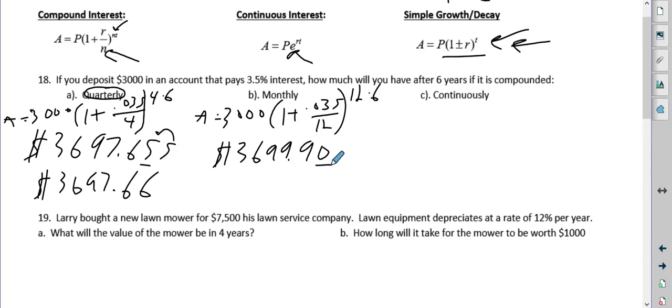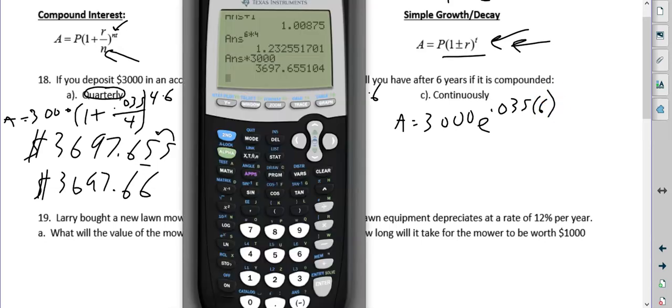Now, continuously, slightly different. Still going to use the 3,000, but we're doing the e. So we're going to do the e button in the calculator to the power of rate times time. So 0.035 times 6. I'm going to do this one on the calculator.